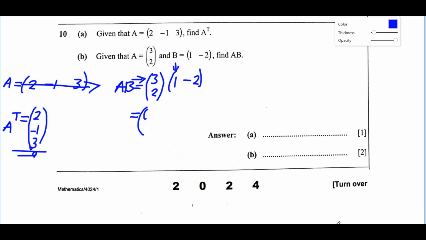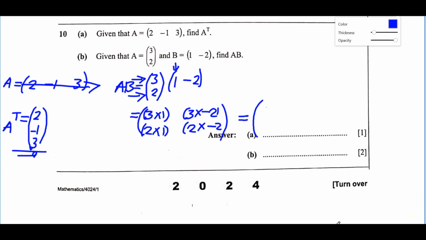So I'm going to say 3 times 1. So when going to the second column, you don't have to put the addition. So we go to 3, the same, this number, times negative 2. So we go to the second row. So this will be 2 times 1, then 2 times negative 2.